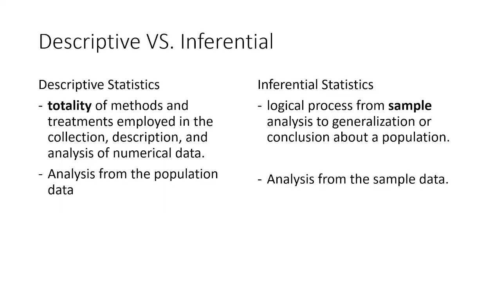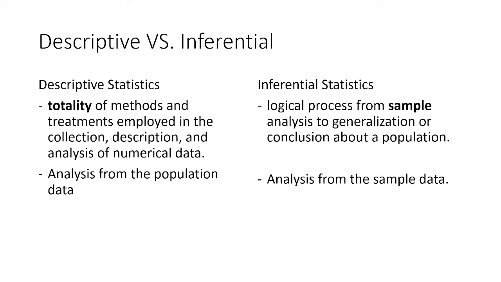Right? So in that, we have here the formal definition of descriptive and inferential statistics. Descriptive statistics is the totality of methods and treatments, binabanggit natin kanina, employed in the collection, description, and analysis of numerical data, which means it is an analysis from the population data.